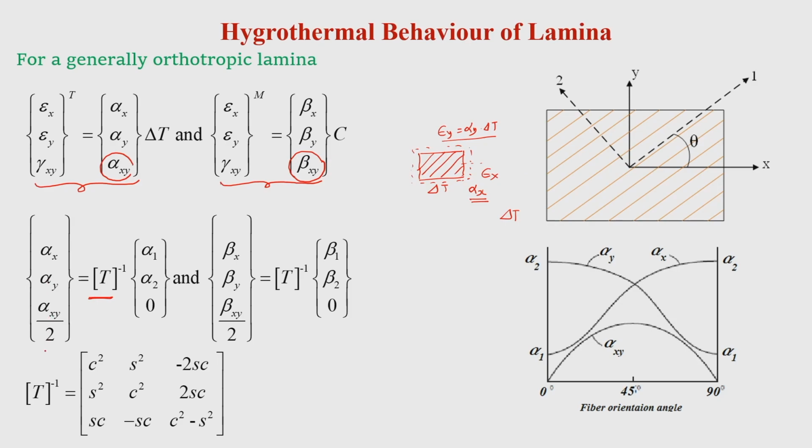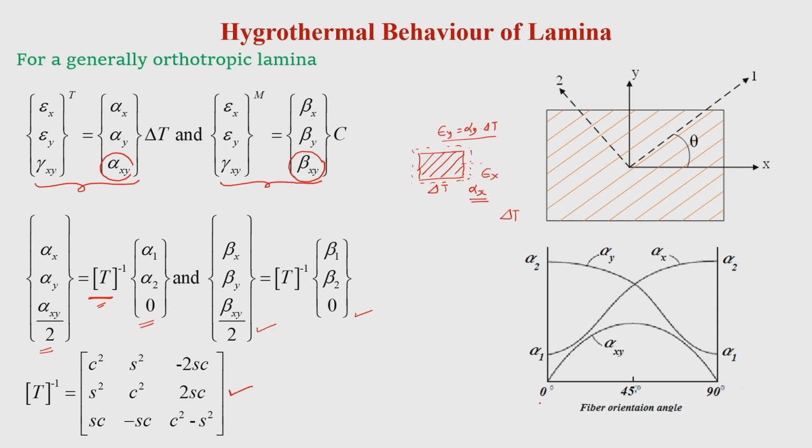Therefore, this is how they are related: alpha x, alpha y, alpha x y by 2, because we are using the same transformation as stress transformation, is equal to alpha 1, alpha 2, 0, and similarly beta x, beta y and beta x y are related to beta 1, beta 2, 0. This is the transformation matrix, I think all of you know. So, if you just see how they vary, you can see this is how alpha x, alpha y varies with theta.